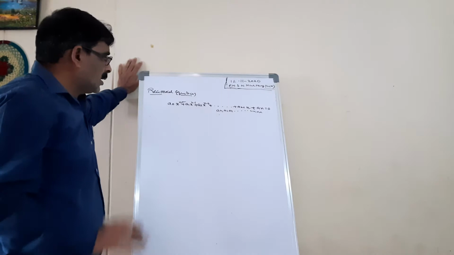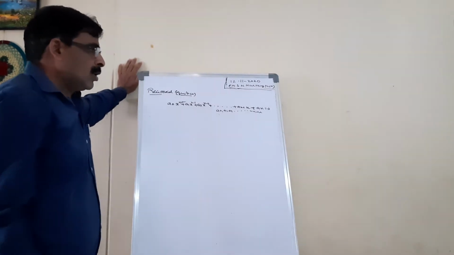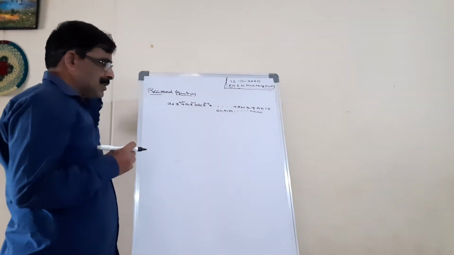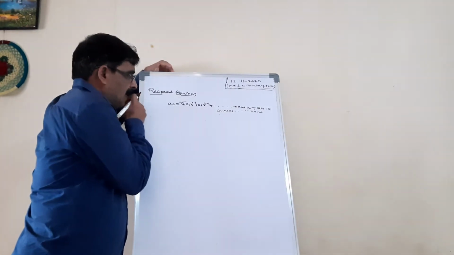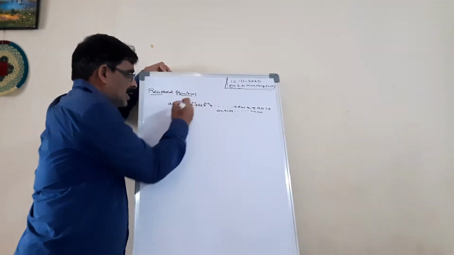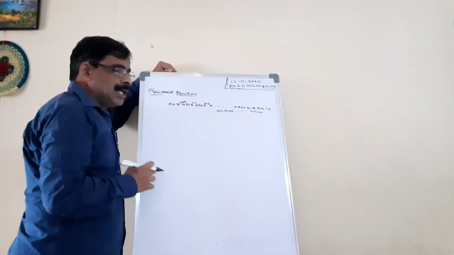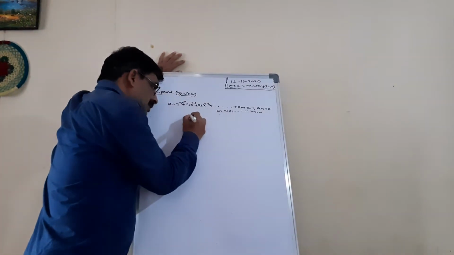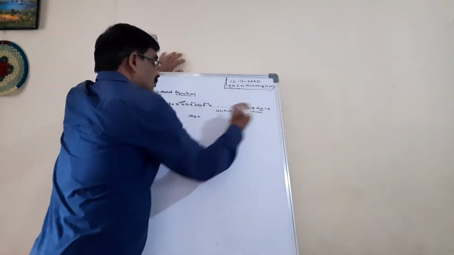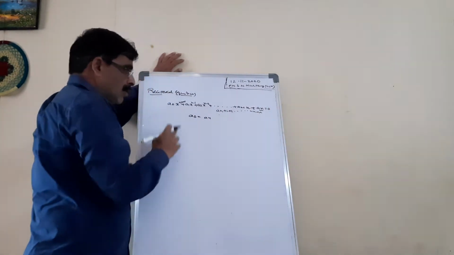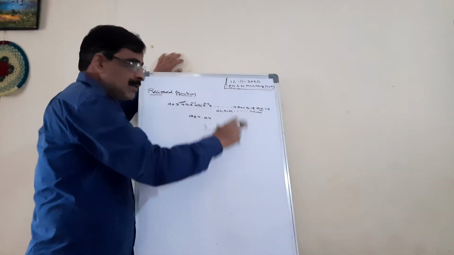Now observe this polynomial equation. The coefficient of the highest power, x power n, is a0. Suppose a0 equals an, the first term coefficient equals the last term.